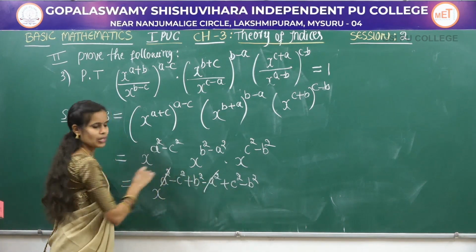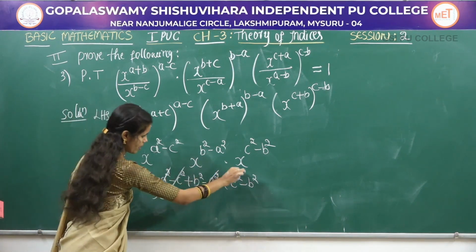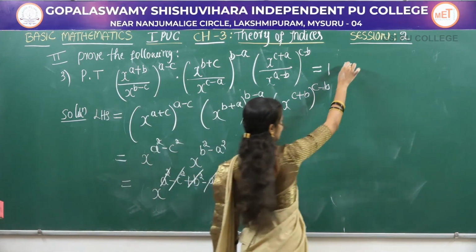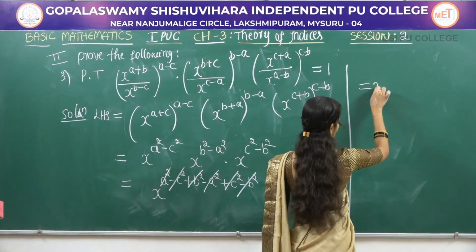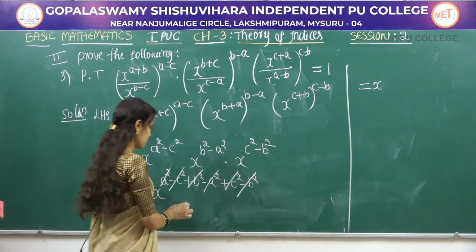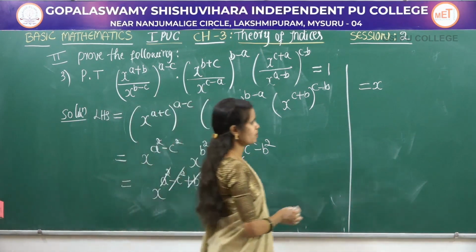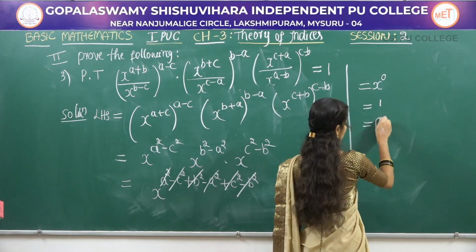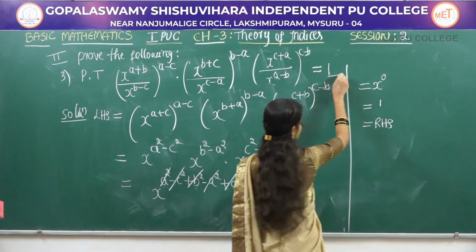Plus a square minus a square get cancelled, minus c square plus c square get cancelled, plus b square minus b square get cancelled. So this is equal to x to the power of, the remaining terms 0. x to the power of 0 is 1. This is equal to RHS.